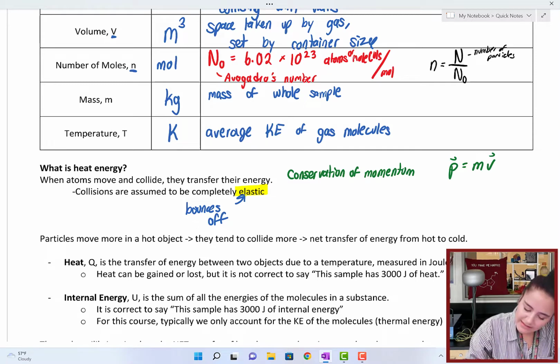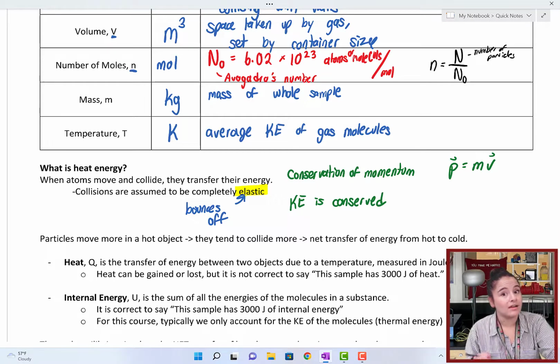And because it's elastic, we will also have kinetic energy being conserved. So we have no loss of energy there. And that's important, okay?